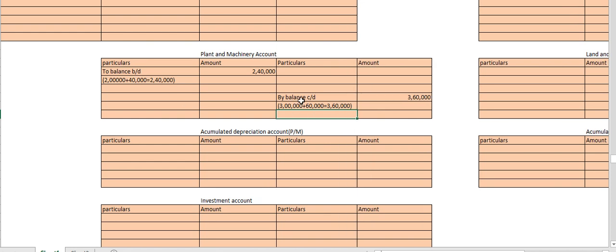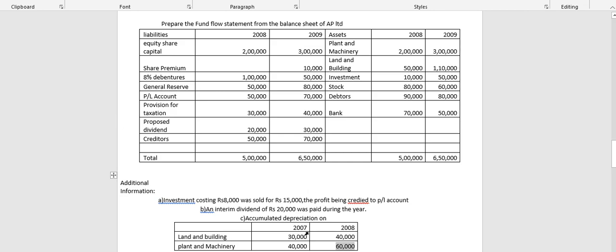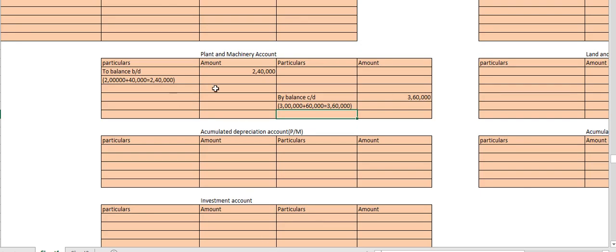Only when the accumulated depreciation is given, you will add it up in your opening and closing balance respectively. Nothing else is given about the plant and machinery account, so we will move ahead with the balancing figure.